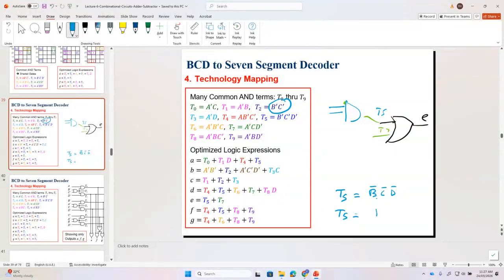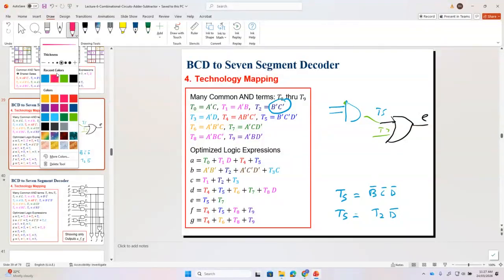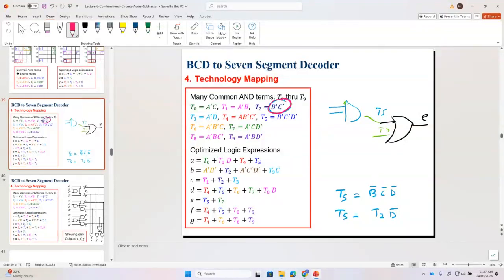So B bar C bar is T2, and D bar. Because what is T2? Now can you see here? Now I'm using a red color. So B bar C bar is T2. So T5 is T2 D bar.